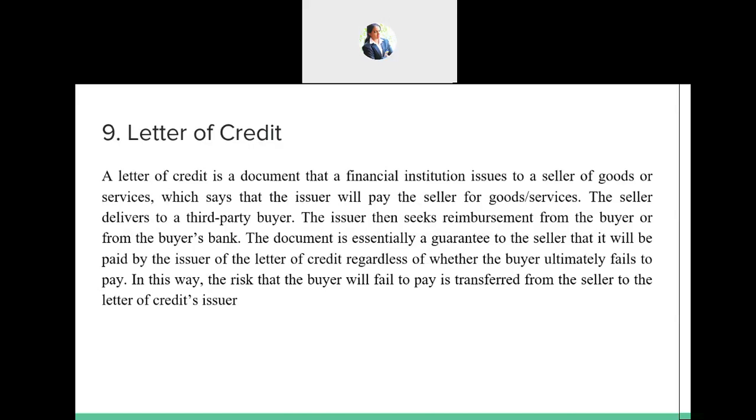The issuer then seeks the reimbursement from the buyer or from the buyer's bank. This acts as a guarantee to the seller that he will be paid by the issuer of the letter of credit regardless of whether the buyer ultimately fails to pay.